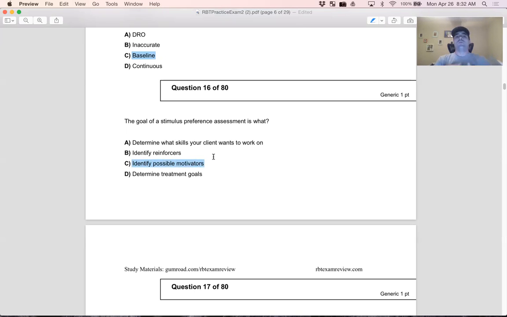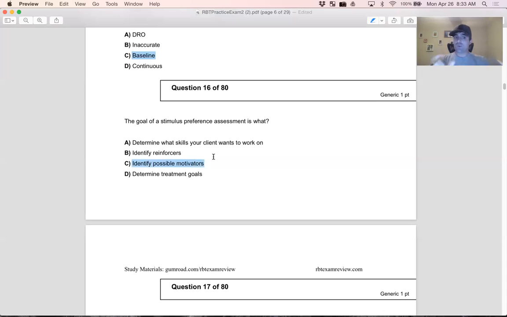When you do a stimulus preference assessment, all you're doing is saying, my client likes this, my client doesn't like this, my client likes this better than this. We know what they like now, so we can possibly use them as reinforcers and motivators.